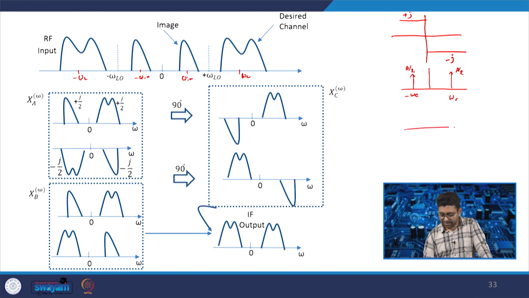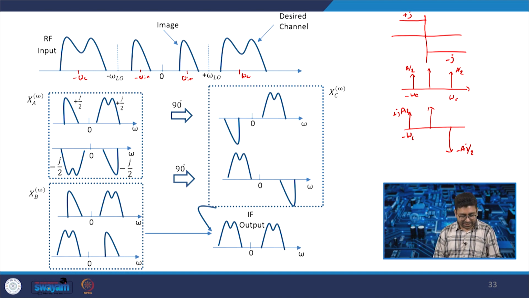For sine, it is imaginary: for plus omega c it is minus jE by 2, and at minus omega c it is plus jE by 2. So, now we try to apply one by one.